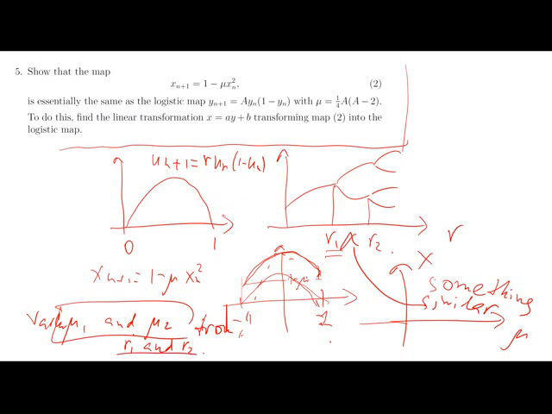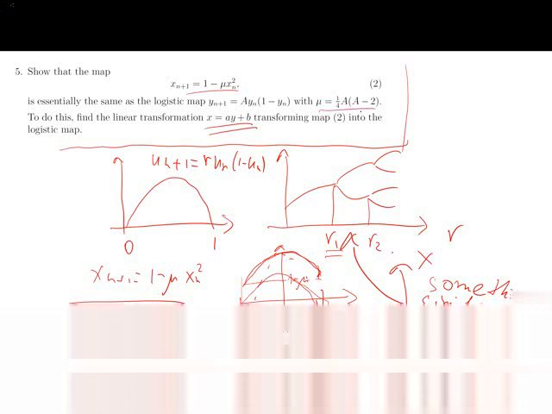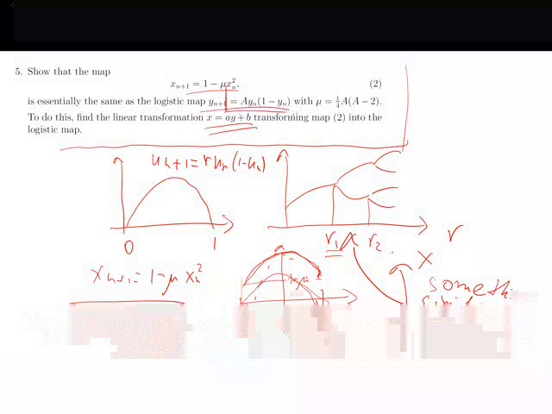You can find mu1 and mu2 if you know R1 and R2, and you will be able to do this if you complete problem number 5. If you find this transformation, which transforms this map into this map.